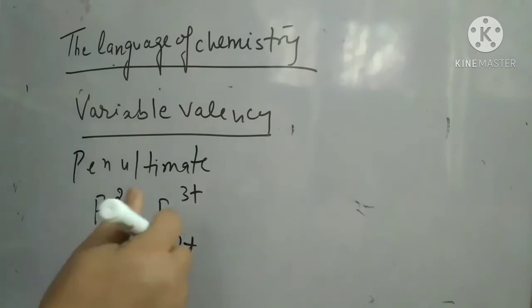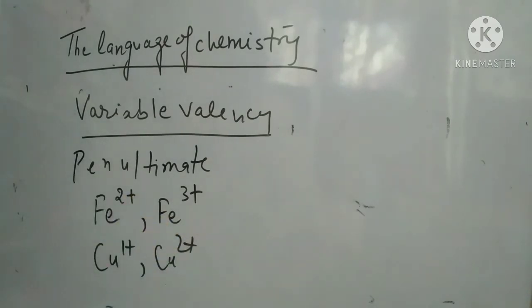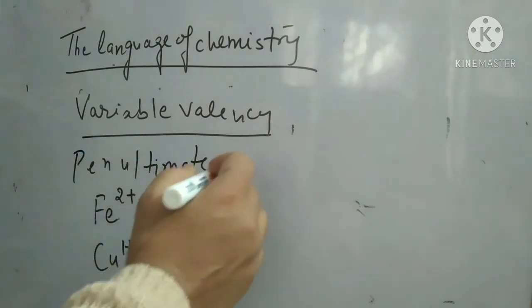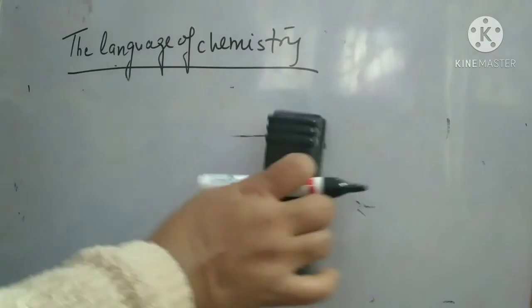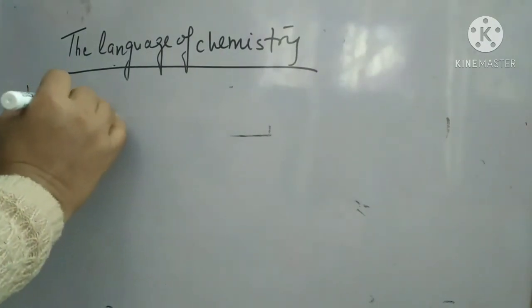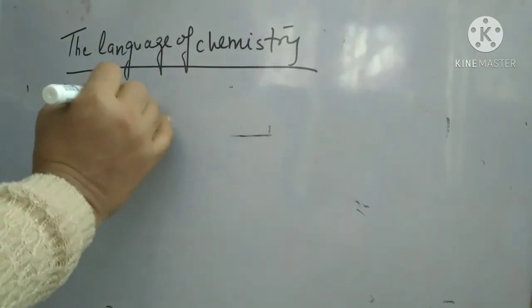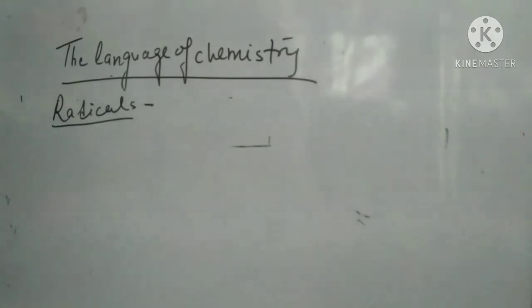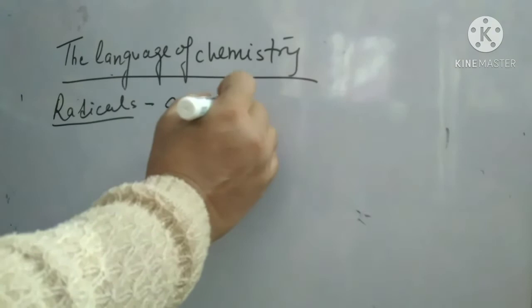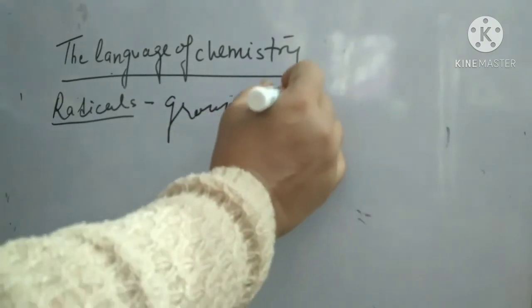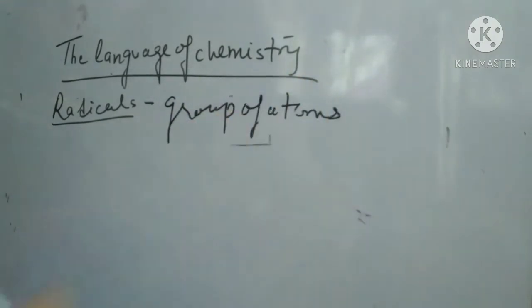Now, after this, the topic is radicals. What is a radical? A radical is a group of atoms of elements that behaves like a single unit and shows a valency.